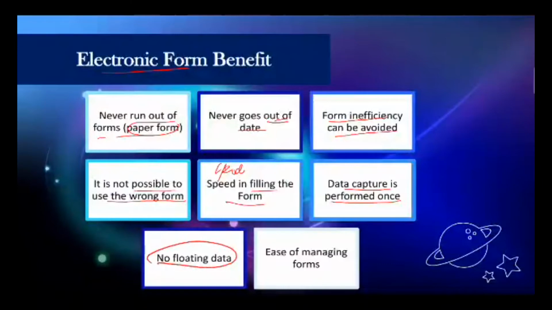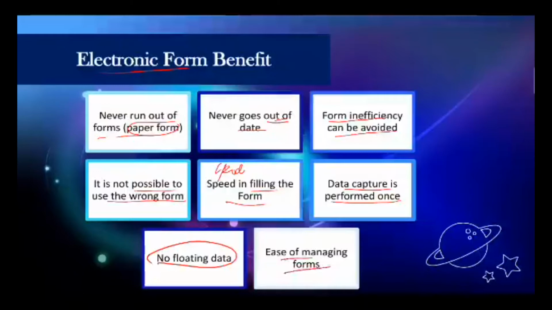Okay, and then the last benefit is ease of managing forms. This means that with electronic forms, we don't have a stack of paper that sometimes we forget. Sometimes maybe on our desk, some other paper form or some other document that we have filled out is in the cupboard or anywhere else.